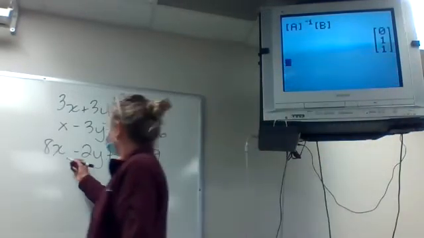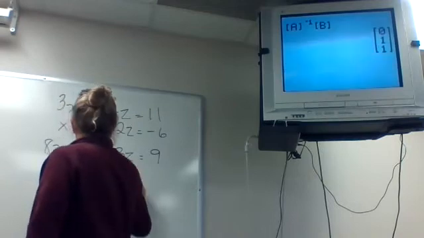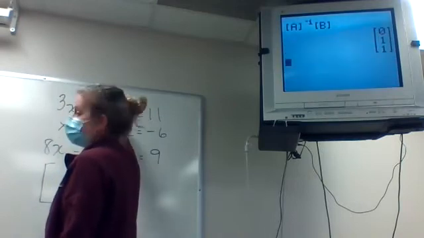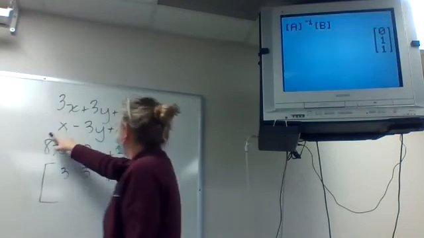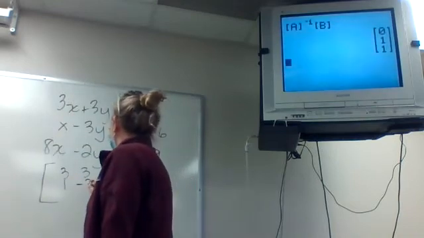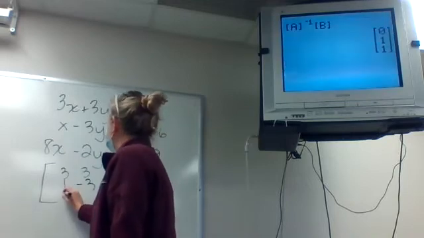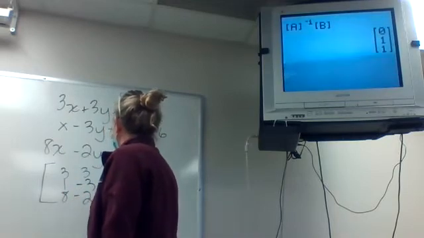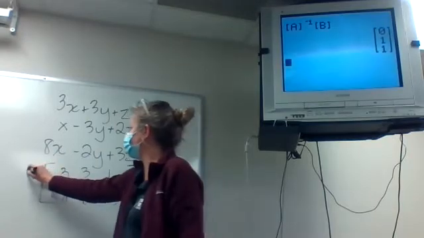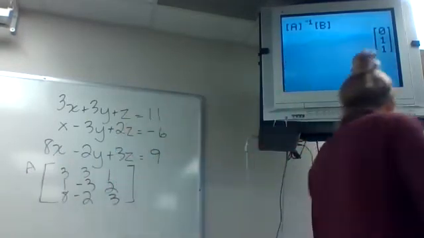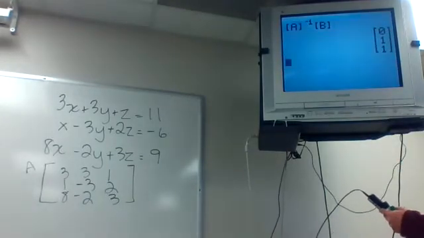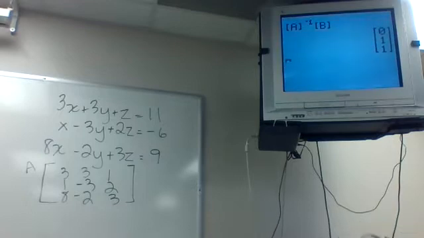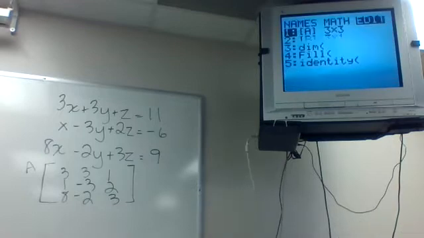So this one, matrix A, is going to be 3, 3, 1. 1, -3, 2. And 8, -2, 3. That'll be your matrix A. So let's put that in. Second matrix, over to edit.